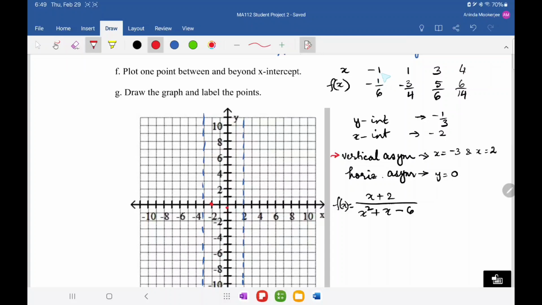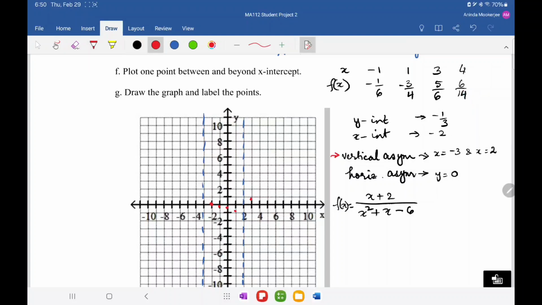When x is -1, y is -1/6. So that'll be somewhere here. When x is +1, y is -3/4. So that's going to be somewhere here. When x is 3, it's 5/6, which is close to 1. And when x is 4, it's 6/14.